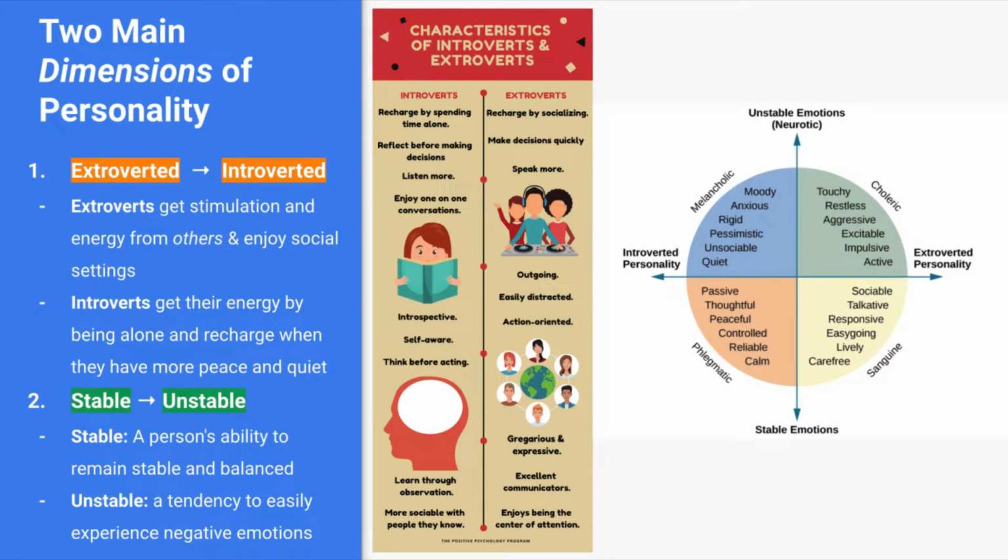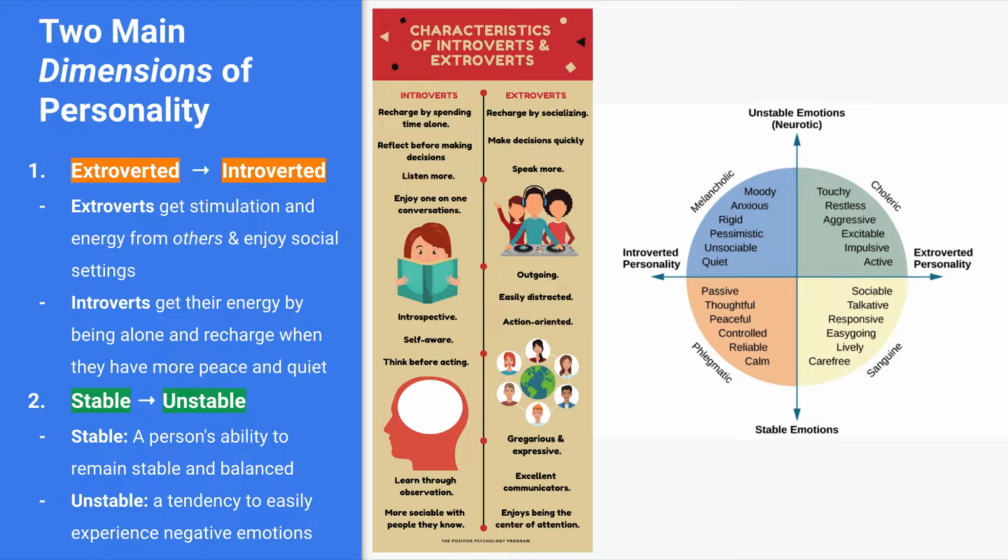But common practice is to focus instead on the two main dimensions of personality, which are extroversion versus introversion and stability versus instability. You can think of these four as a spectrum where you can be super extroverted all the way to super introverted, etc. Western cultures actually prize extroversion, and while the common stigmas are that extroverts are outgoing and introverts are shy, there's much more to this than what meets the eye.